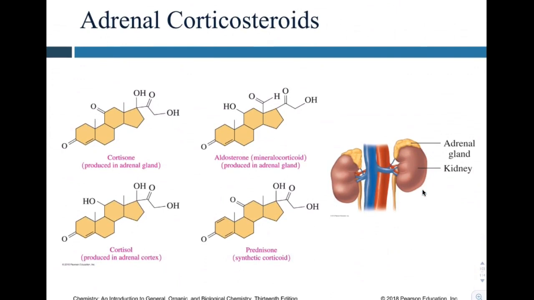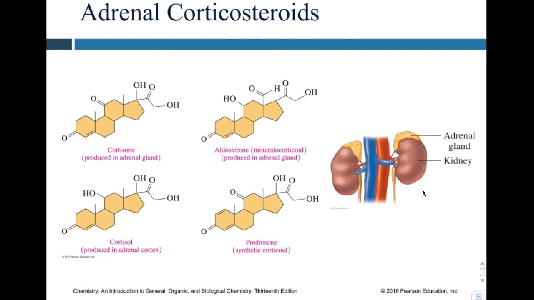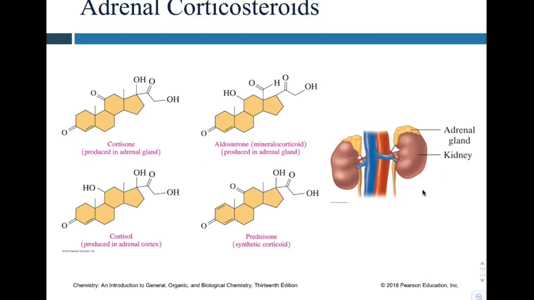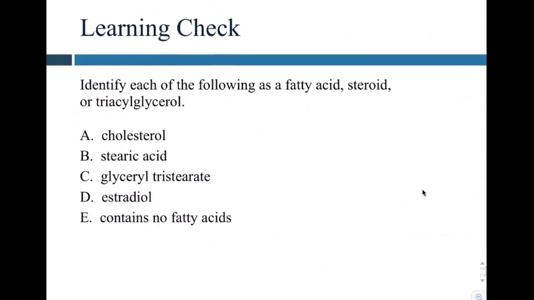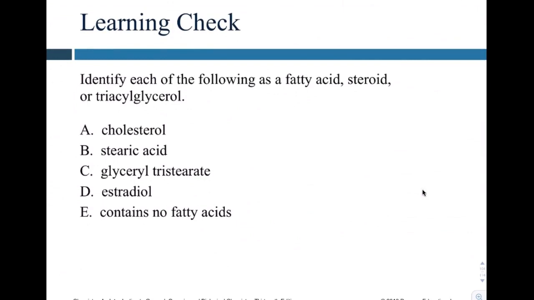They can do different things in your body, but we do need them sometimes from an injection or something to help out with an issue. And again, notice all the functional groups. That's what I really want you to be focusing on. And of course that steroid backbone, the steroid nucleus. Again, I'm not going to have you memorize these, but I will put a picture of them and say, what is this?